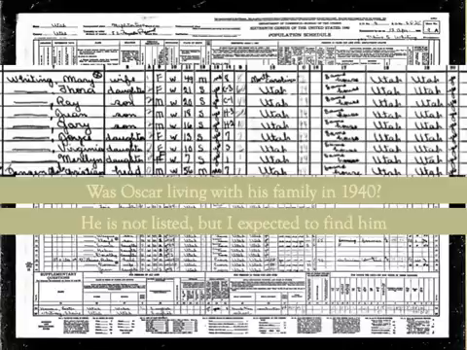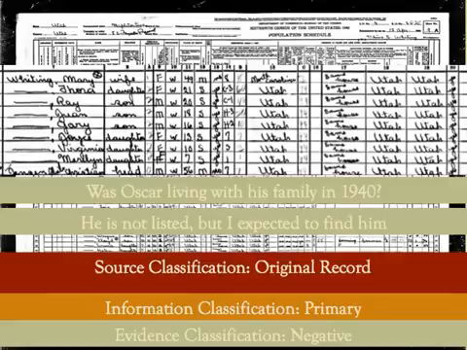Because he is not there, he might have died, been serving in the military, or divorced. In which case, to answer the question of was Oscar living with his family, we have negative evidence that he was not there. It is still an original record with primary information, but now classified negative evidence.